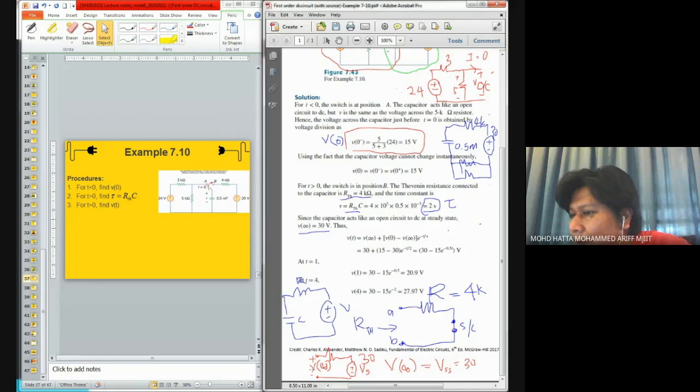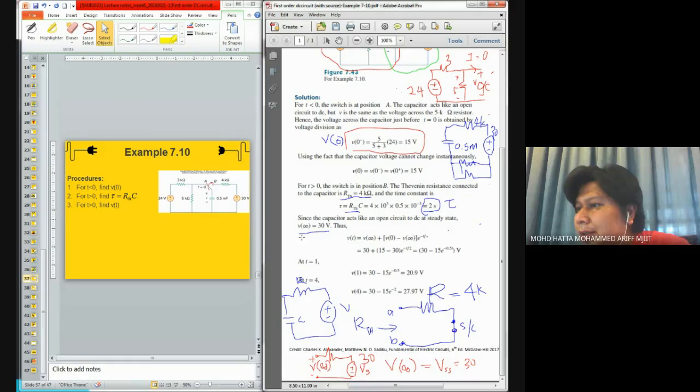Because this is an open circuit, the open circuit voltage over here is the same voltage looking from this voltage supply. Because current here is 0, the voltage drop across this terminal at steady state equals 30 volts, the voltage supply that we have in the circuit.